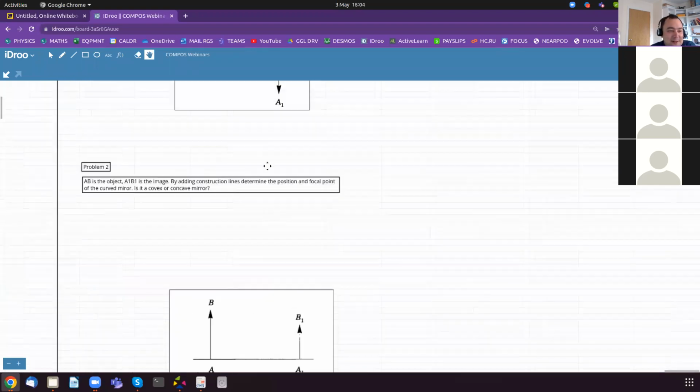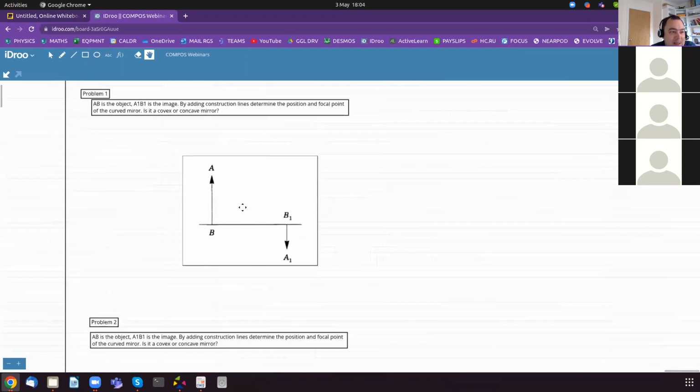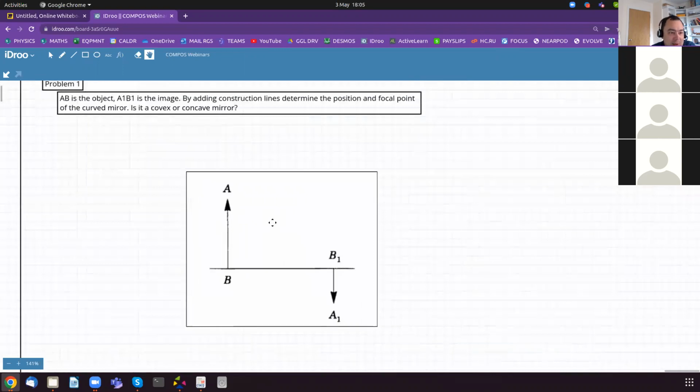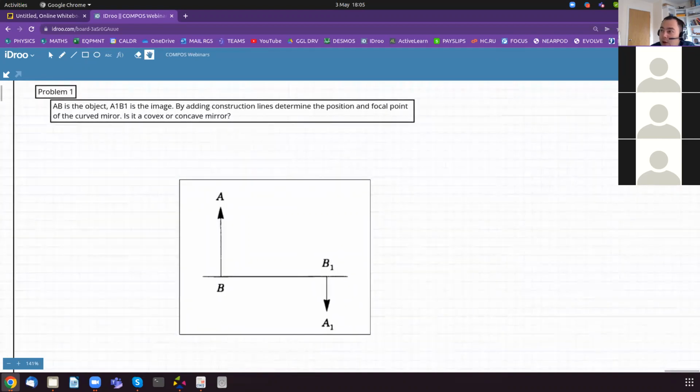Right. So, to question 1. AB is an object, and A1B1 is the image. By adding construction lines, determine the position and focal point of the curved mirror. Is it a convex or concave mirror? Well, let's have a look at what we know about curved mirrors.